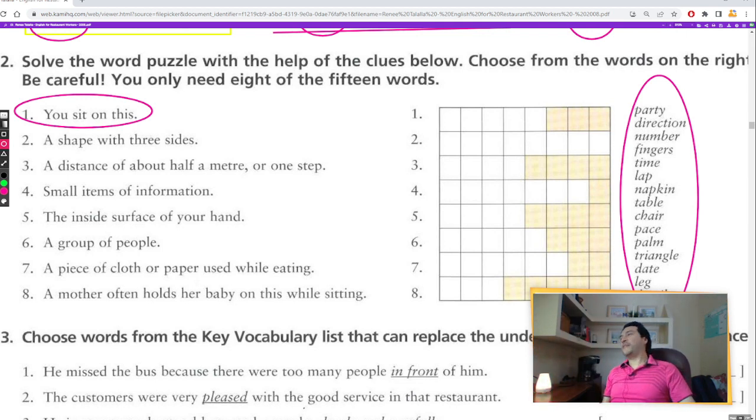You sit on this. 1, 2, 3, 4, 5 letters. If you're doing the exercise with me, then I'm about to put the answer. So if you want to try the puzzle by yourself, pause the video and then come back and check your answers, all right?